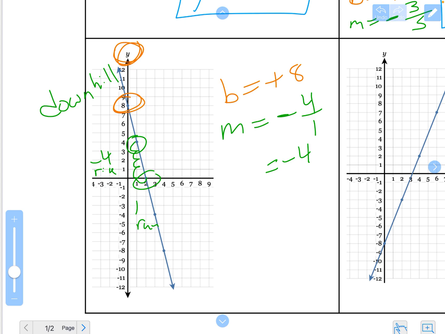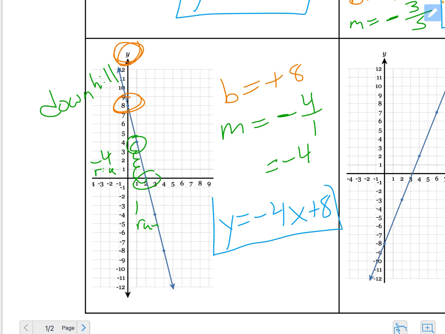So this time when I write my equation, it's going to be y equals, then my -4 for slope. My x always goes right next to my slope, and then at the very end, I add my y-intercept. So the equation of this line is y equals -4x plus 8.